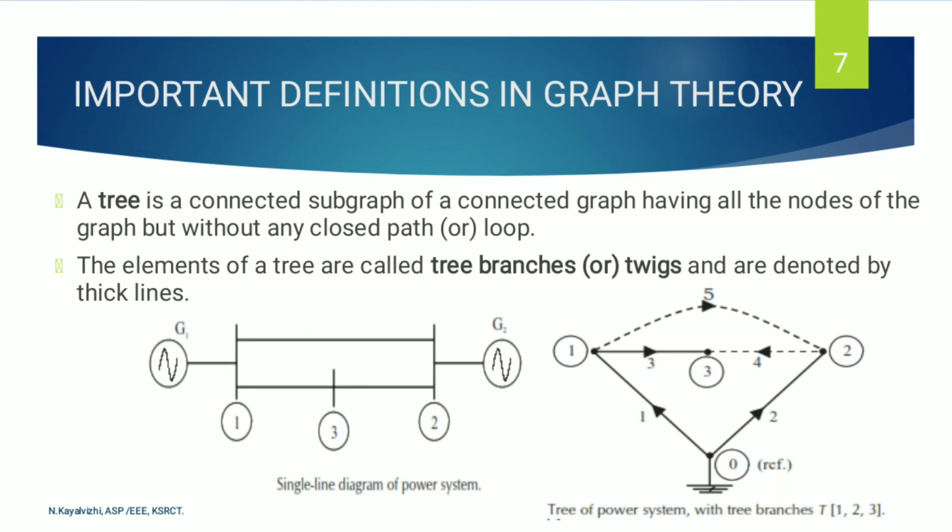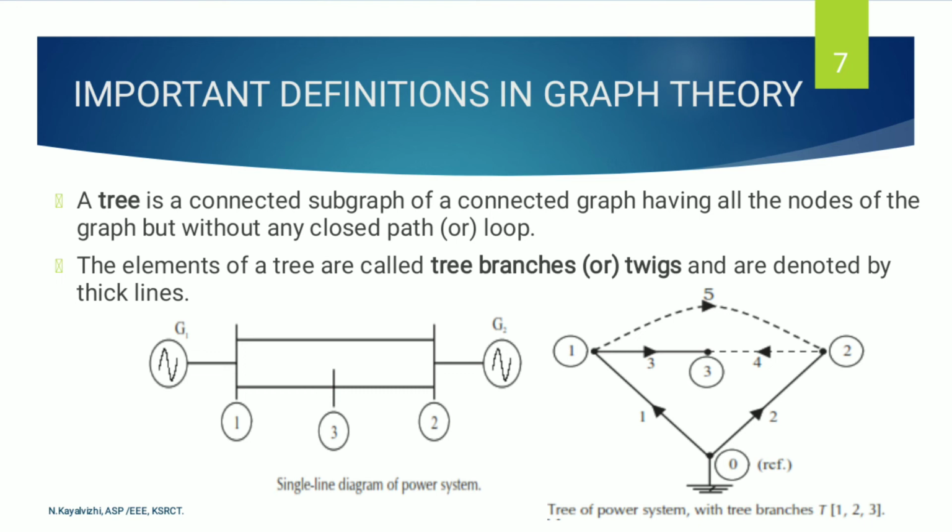Here the first picture is the graph of a network with nodes 1 to 3 and the branches connected. The same network can be represented in this graph. There are 3 nodes, 1, 2, 3, and 1 is the reference node.